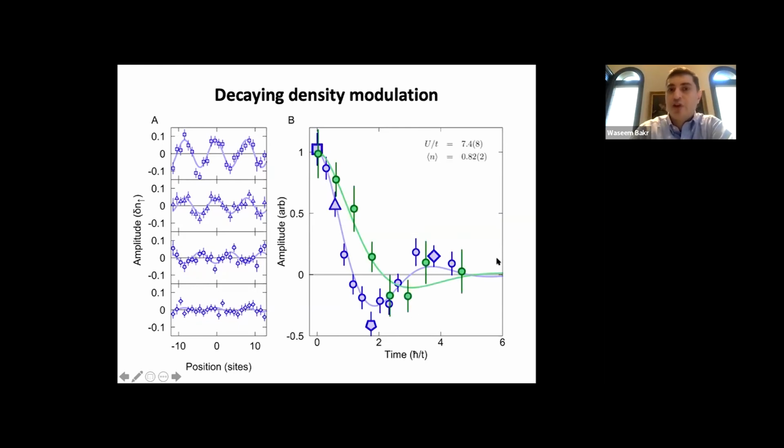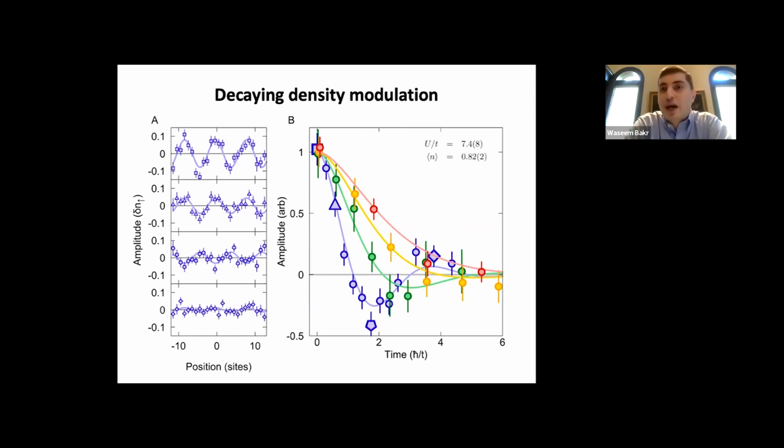If you go to a wavelength of 10 sites, it's more damped. If you go to a wavelength of 15, it's even more damped, 20, completely damped. So what you're seeing here is an evolution as a function of the wavelength of this pattern from something that looks like a damped sound to more of an exponential decay, which corresponds to what you understand from diffusion.